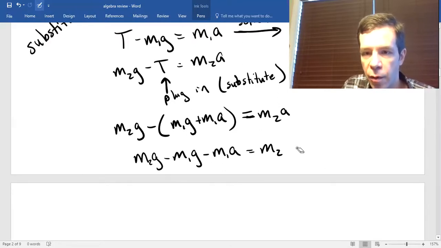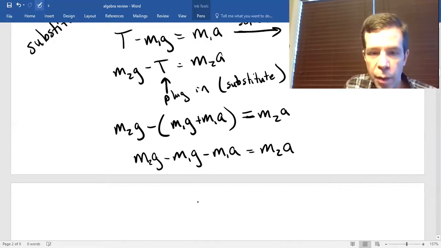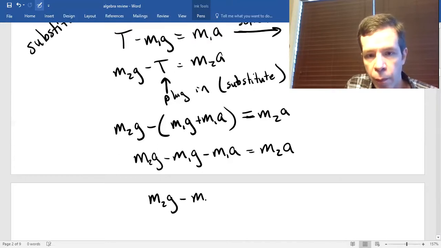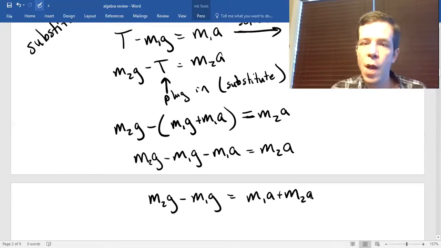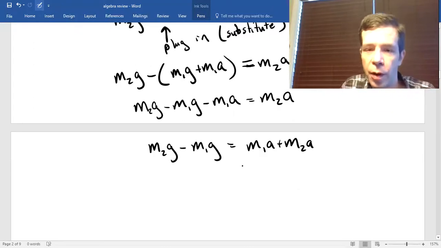The next thing we need to do is get all of our A's on one side. So we'll add m1a to both sides. And we're back to the same point we were in the other equation.